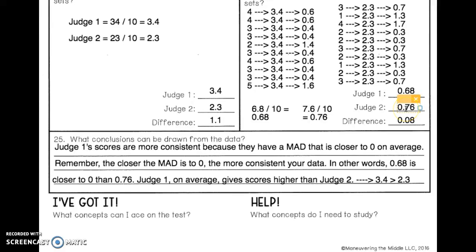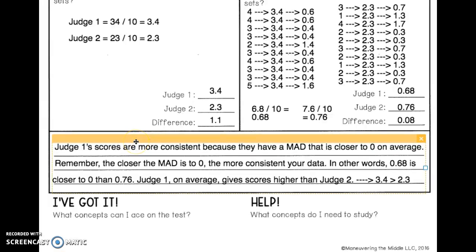On the number line, 0.76 is further to the right than 0.68. So the closer your MAD is to 0, the more consistent your scores are. And I said that here. Remember, the closer the MAD is to 0, the more consistent your data. In other words, 0.68 is closer to 0 than 0.76.